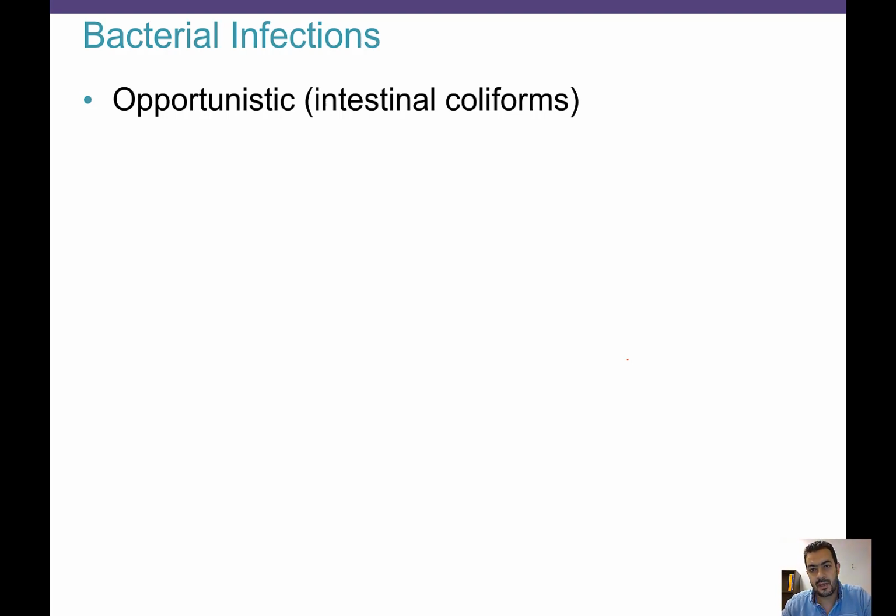But once they get access to the urinary system, the infection will start. Usually we see these kinds of infections caused by coliforms in females more than men. Females have 8 times more tendency to develop coliform-related urinary tract infection than men.